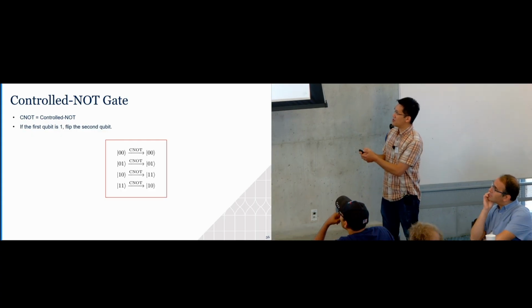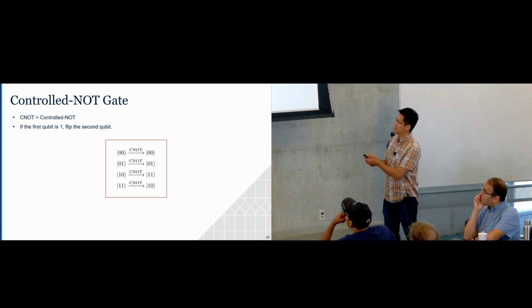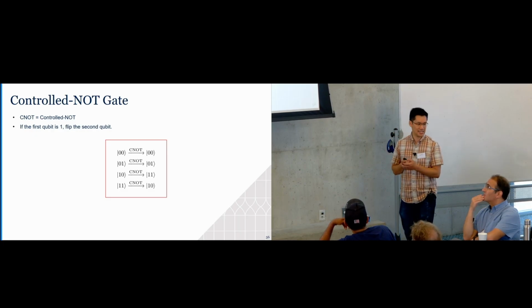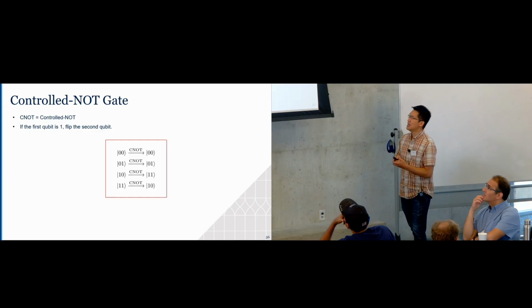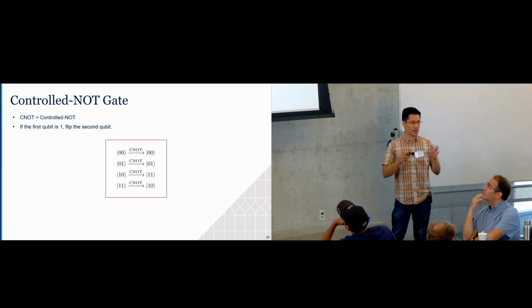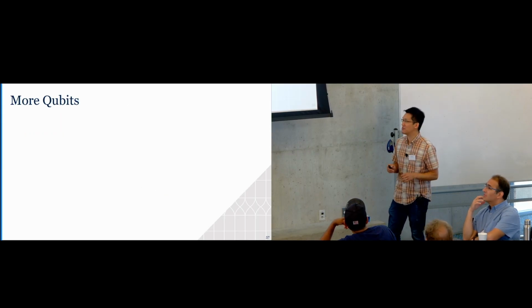Left qubit is 0, so nothing happens to the right qubit, so it stays 0, 1. Left qubit is 1, so we're going to flip the right qubit. This goes from a 0 to a 1, so it becomes 1, 1. And again, the left qubit is 1, so we're going to flip the right qubit, so it becomes 1, 0. So this is a CNOT gate. There are other quantum gates, but these are the ones that we're going to be revisiting.